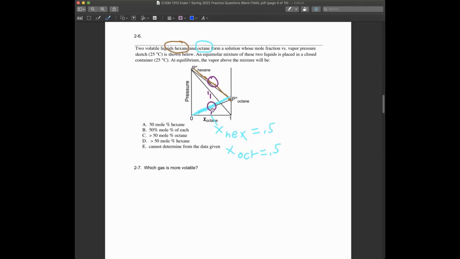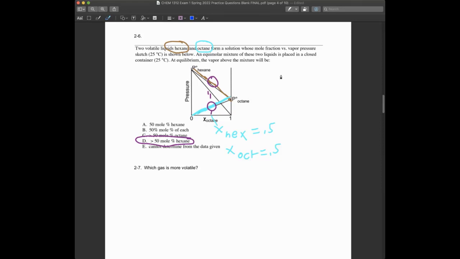Because the line for the pressure of hexane is above the line for octane, we can say there's going to be a greater mole percent of hexane than octane in the vapor.